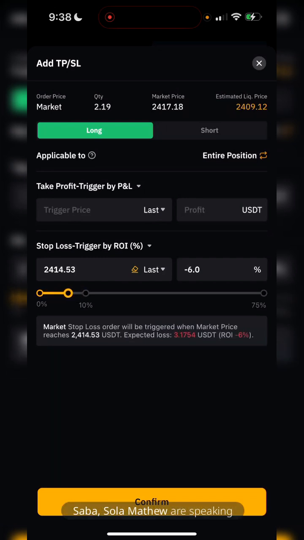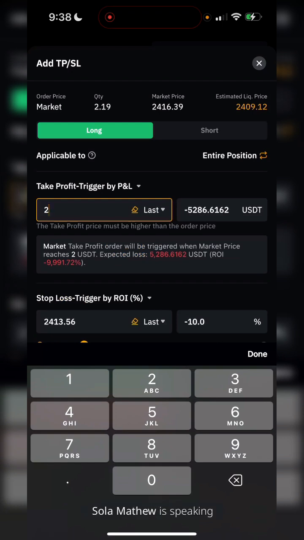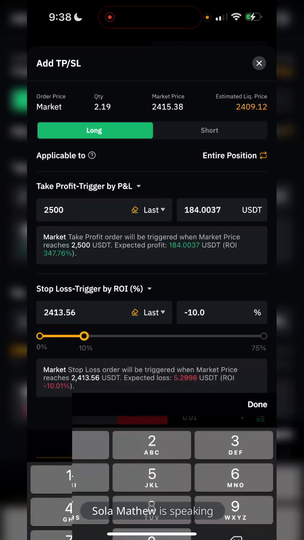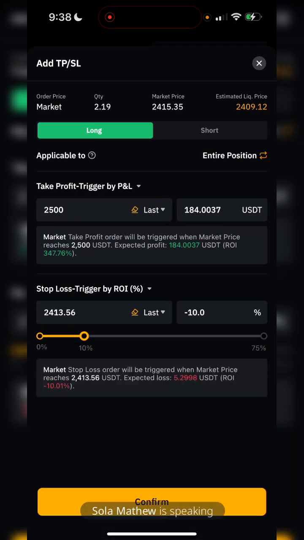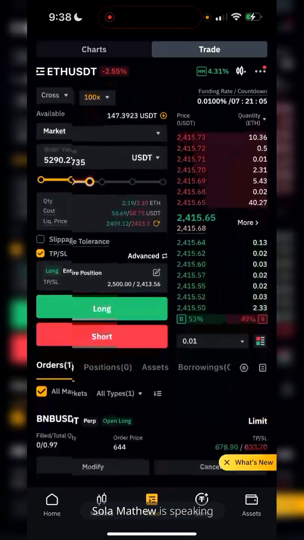Even if this trade goes against me, what I want to lose is just, let's say, $5. I'm just using this as an example. Then profits, let's say the market price at the moment is 2,040 something. So let's just say I want 2,500. I'll click on confirm. So I'm picking this at market price.